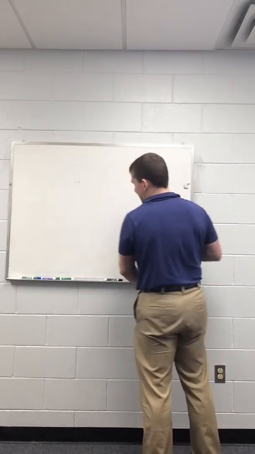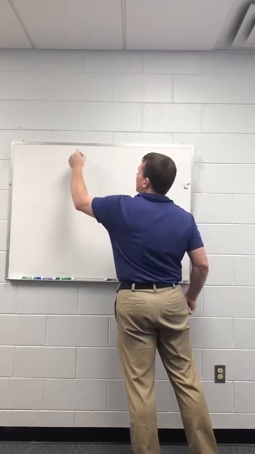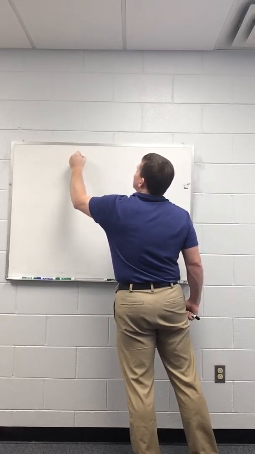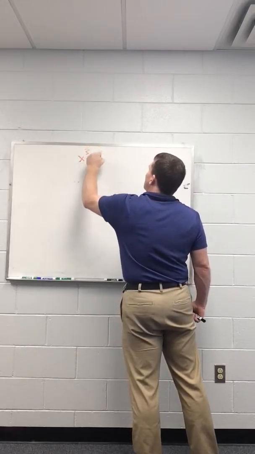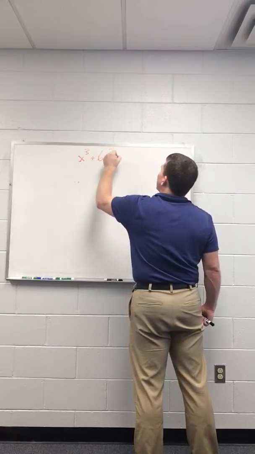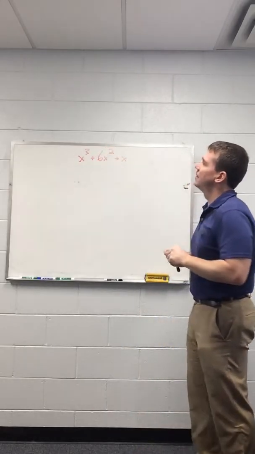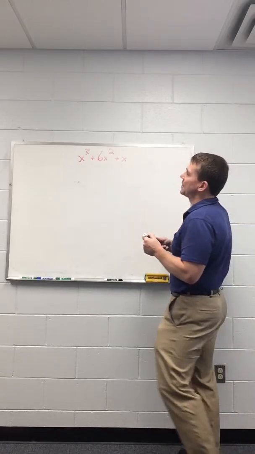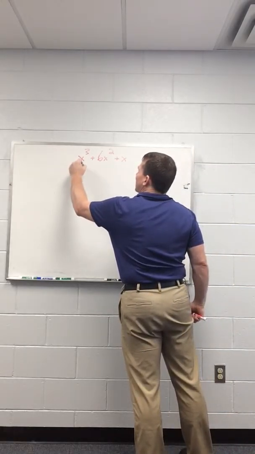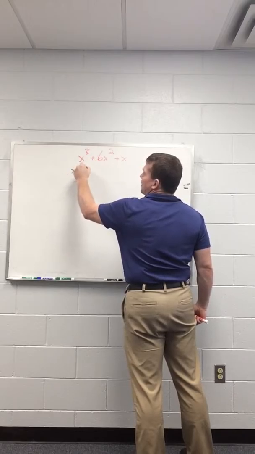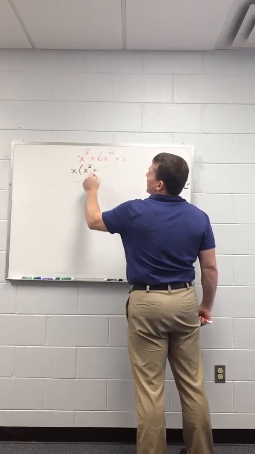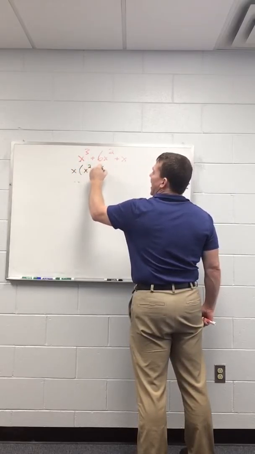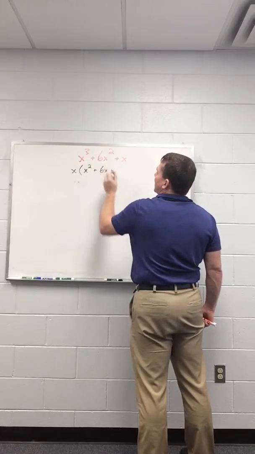Just 1 or 2 more of these for a couple of points. Suppose I have x cubed plus 6x squared plus x. Looking at it really quickly, they clearly all have an x in them, so I factor the x out to the front. x cubed divided by x is x squared. 6x squared divided by x is 6x.